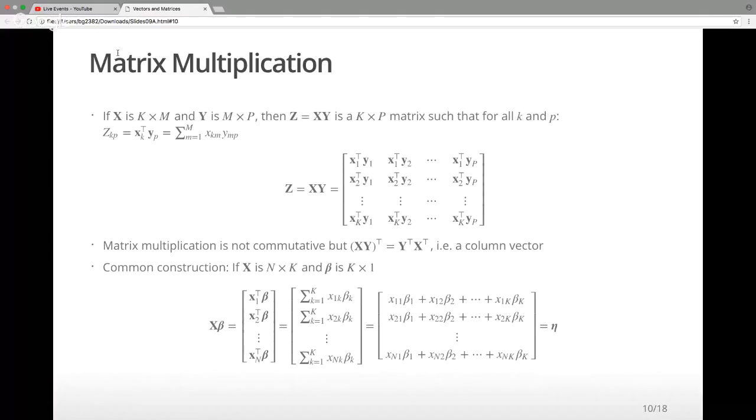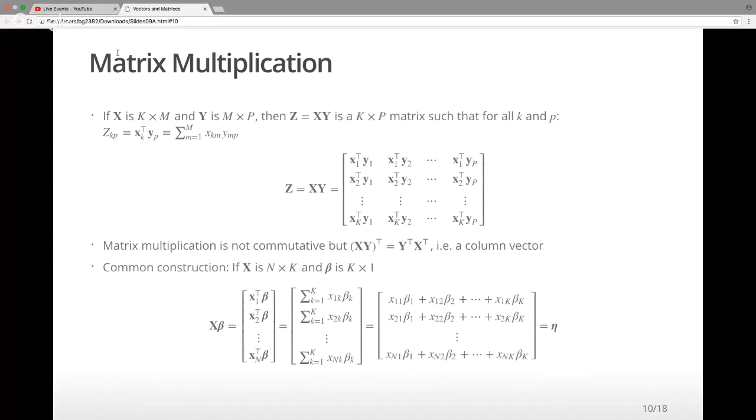But where it is defined, it's just k times p vector multiplications of each row in x, each column of y, and all pairs thereof. So the Z matrix looks like this.